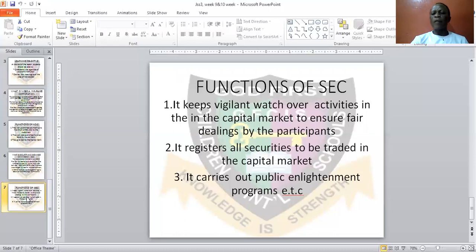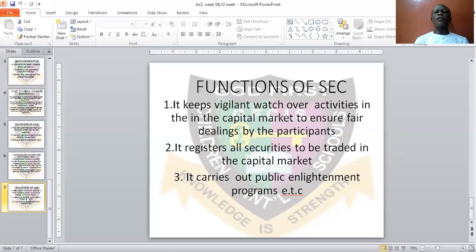Don't forget that I told you the capital market is a market where buyers and sellers engage in trade, or activities like banks and stocks. Three, it carries out public enlightenment programs.